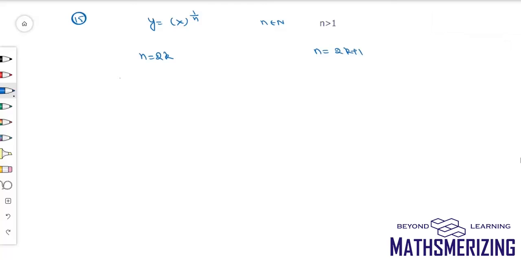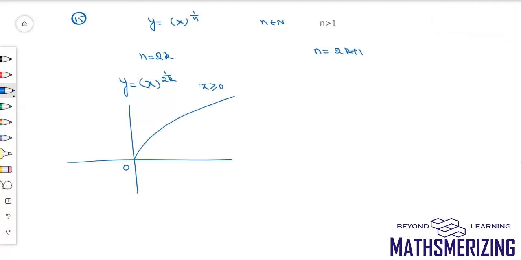So if n is an even number, I'll write y equals x to the power 1 upon 2k. Now in this case, clearly I know the value of x should be 0 or greater than 0. So for this, the basic graph will be given by this curve. So say for example, if I have to write y equals under root x or 4th root of x, I'll use this basic shape.